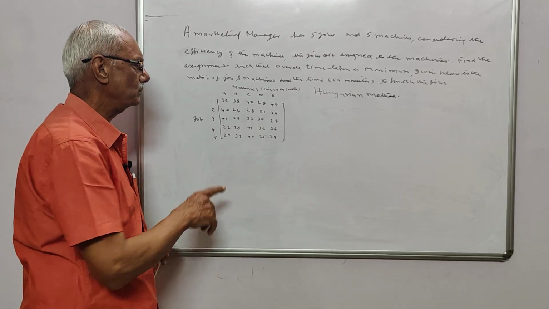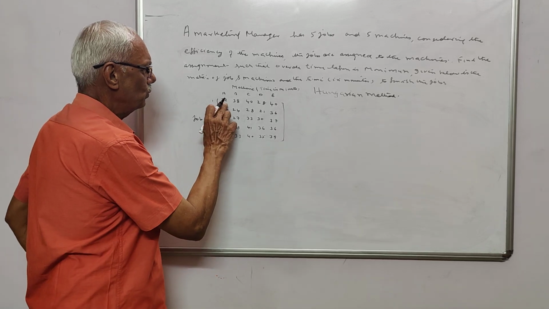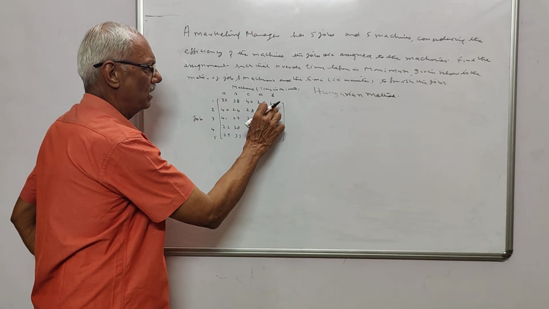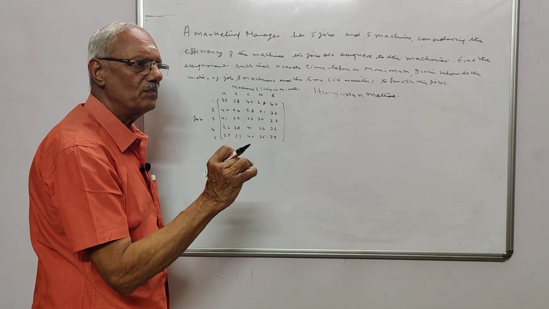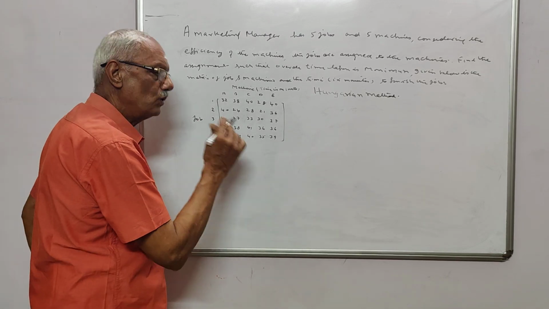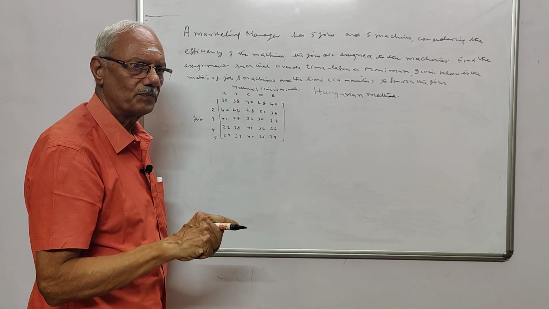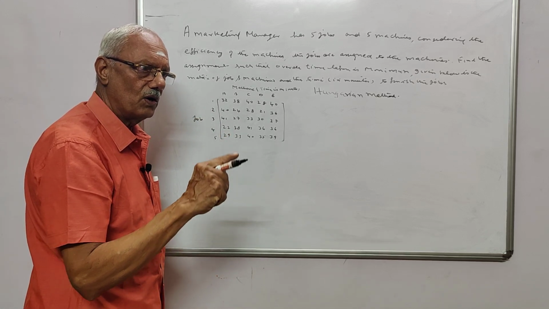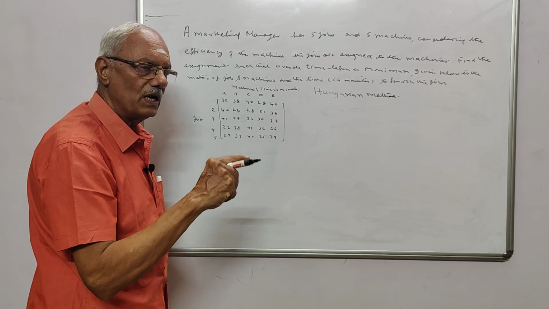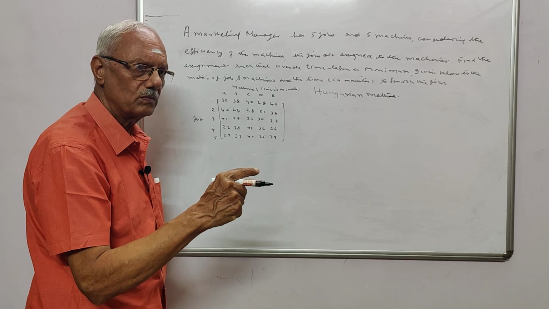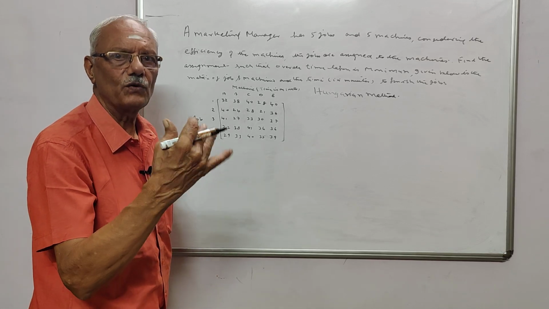So if you are given a matrix like this, I tell you to choose the minimum of the row elements and subtract it from every other element. I know that subtracting a constant or adding a constant in any row or column will not change the assignment of the problem.